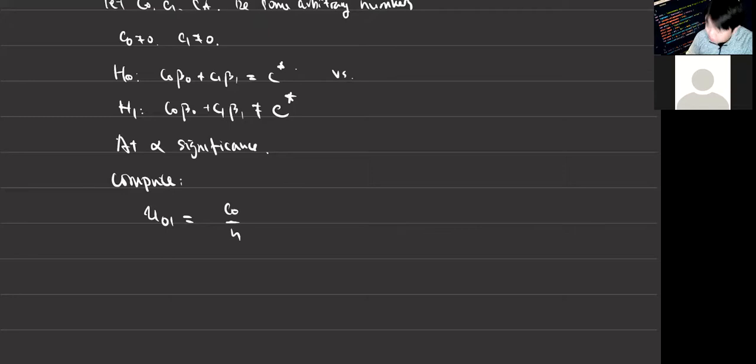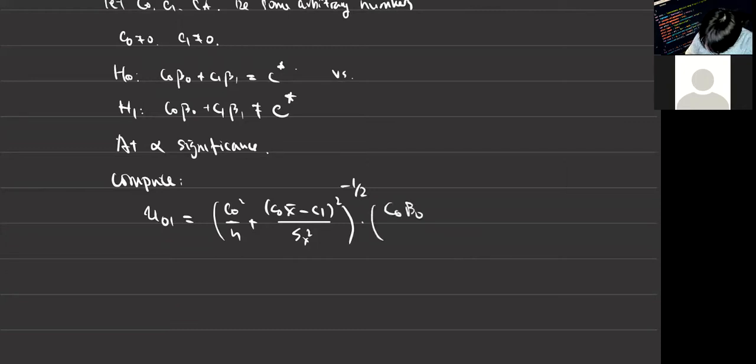This is C0 squared over n plus (C star minus C1) squared over Sx squared, and then you take the whole thing and multiply by C0 beta 0 hat plus C1 beta 1 hat minus C star, divided by this thing. There's a superscript T here, just to illustrate what it means.